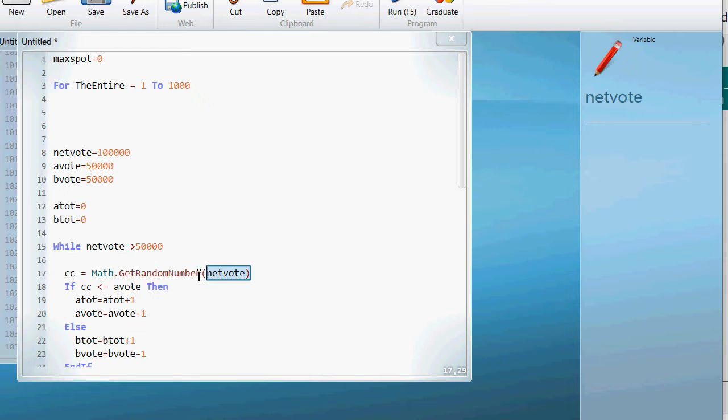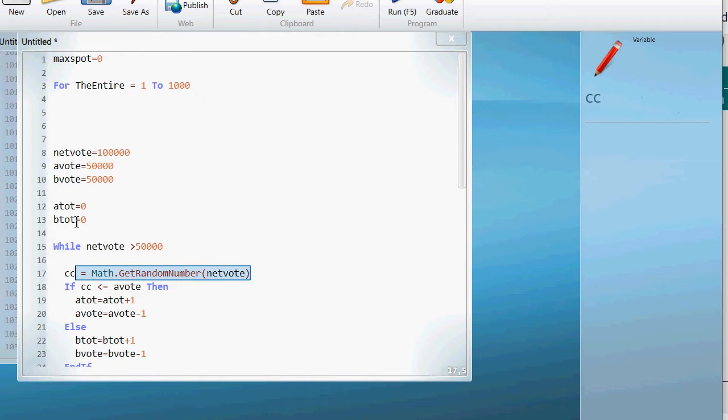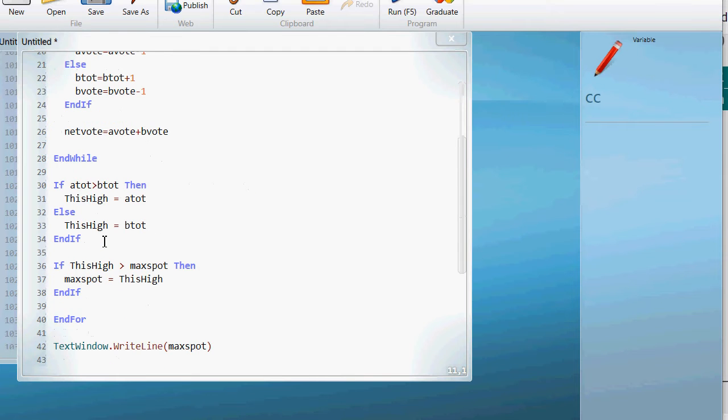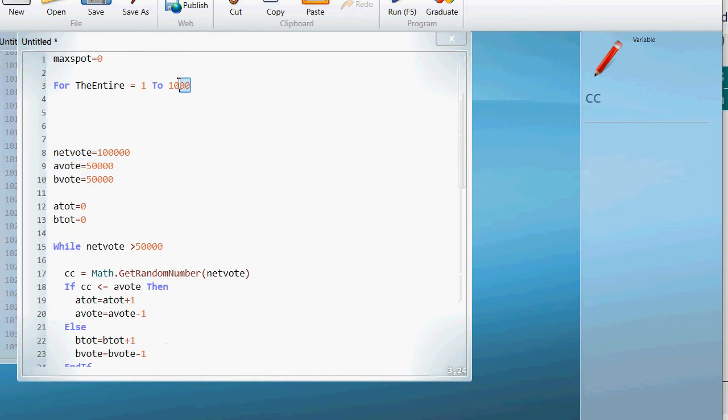It takes a random number, and then it figures out if it's on A or B, and this code here makes it so that no matter what, the votes will be set up this way, to just take random half of the votes and then count out of 1,000 times, doing it over and over again, the highest that either of the two sides won by.